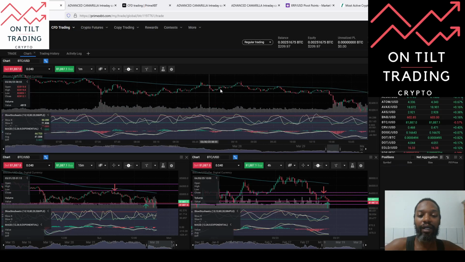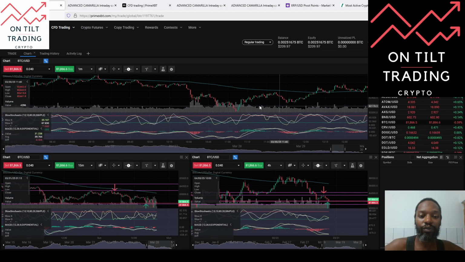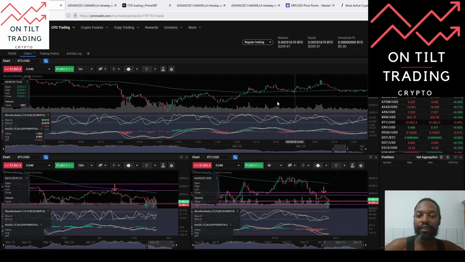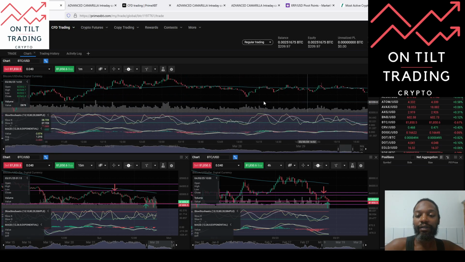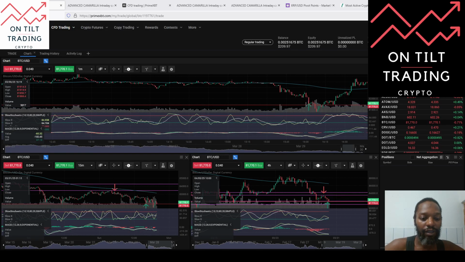We can see more tests of the 200 EMA, a break down to another level, retesting the 200 EMA, and now trading at the 200 EMA, and again the volume profile being elevated, oversold conditions, sellers in control. So this is pretty much my breakdown.